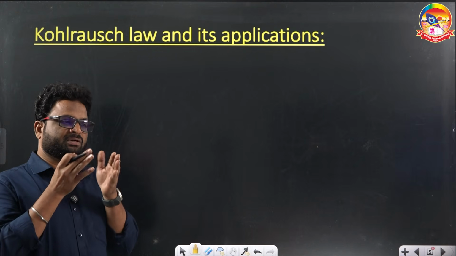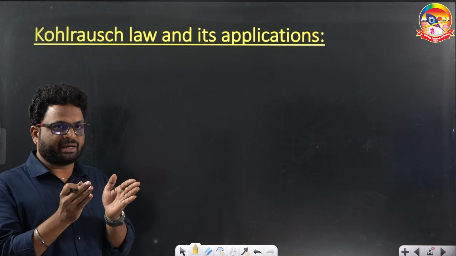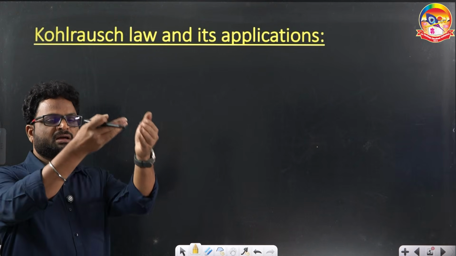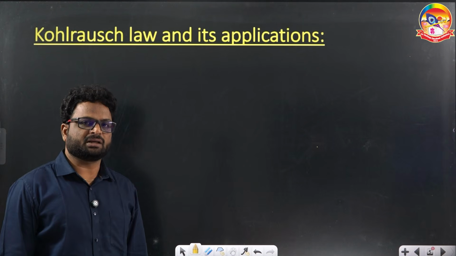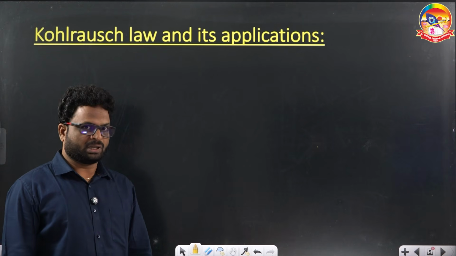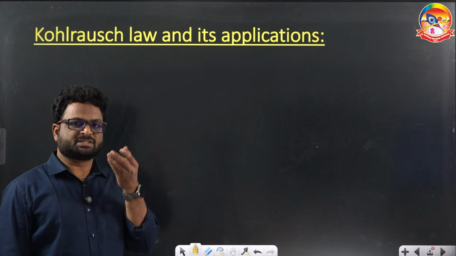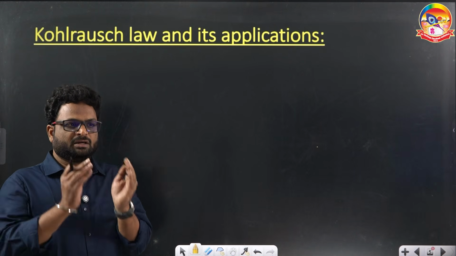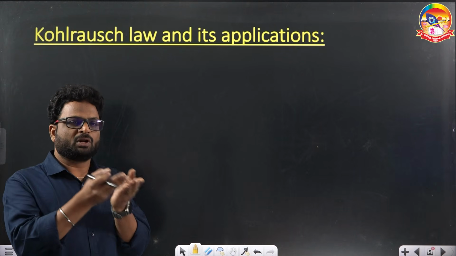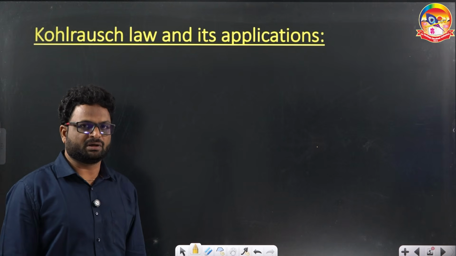As a result, either because of decrease in ionic interactions or because of increase in number of ions, the total conductance will increase. If it is for 1 mole of electrolyte, if the total conductance increases, molar conductance or molar conductivity will also increase.